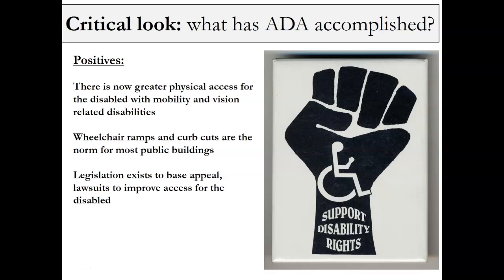You see the braille everywhere, the ramps everywhere, elevators, all great things. Wheelchair ramps and curb cuts are really the norm for roads and public buildings, for sure. Legislation exists now to base these appeals. So if you feel like you've been discriminated against, and you look at the law, it doesn't seem like you were treated right, you have an avenue of pursuing in the courts to get that job, to get that accommodation.